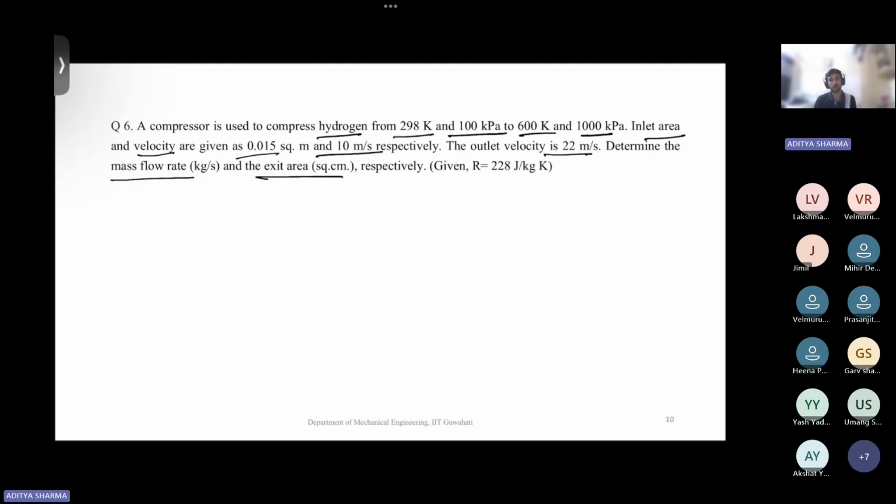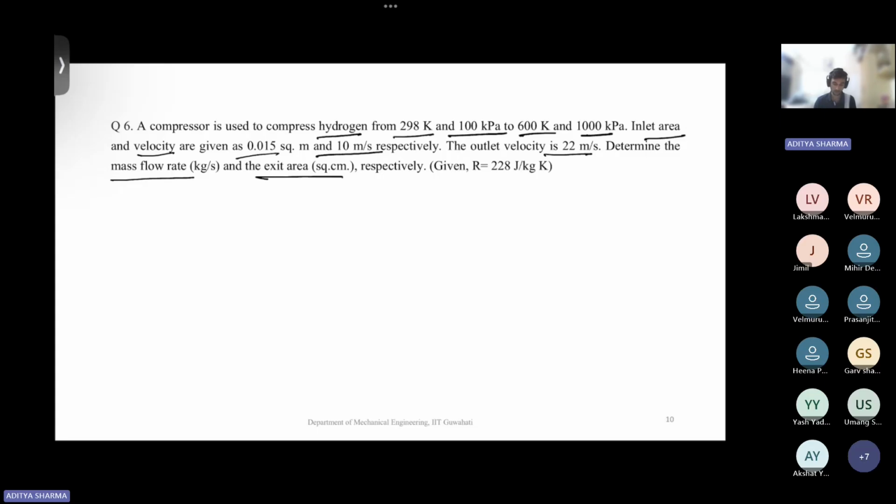So one thing we can figure out is that you can get your density from your pressure and temperature, because in your continuity equation, in your mass conservation equation, basically rho A V, here rho you can get from your pressure and temperature, right?